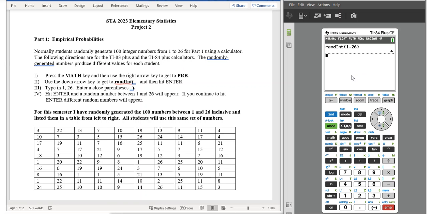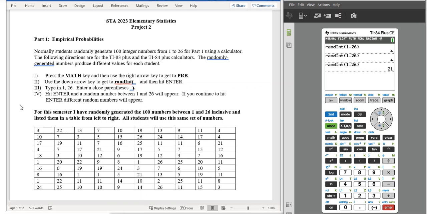If you're generating your own, you wouldn't expect the same ones, because they are random. If I had a clean table here, I would type in 4, hit enter again. Oh, 4 showed up again. I would put it right there to the right. That doesn't usually happen. Okay, 21 would go here next.